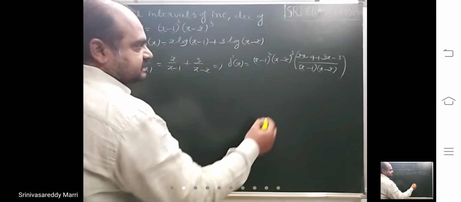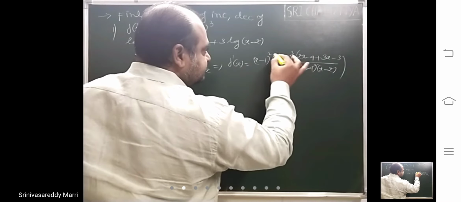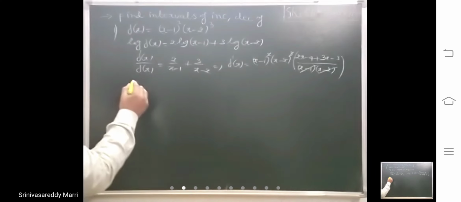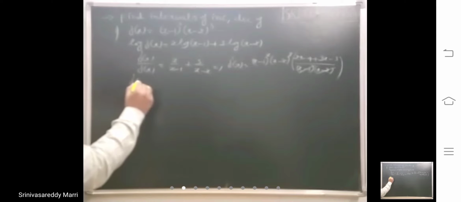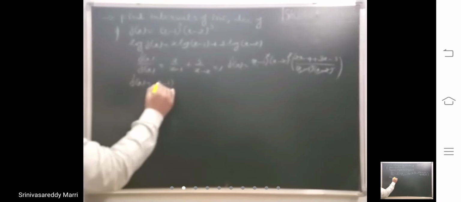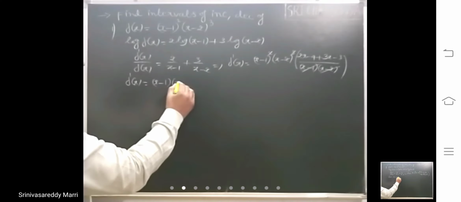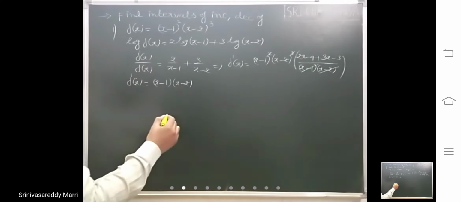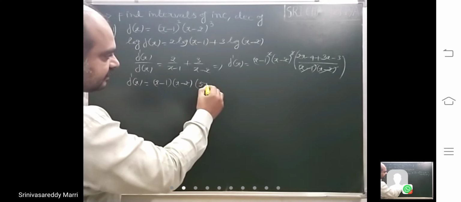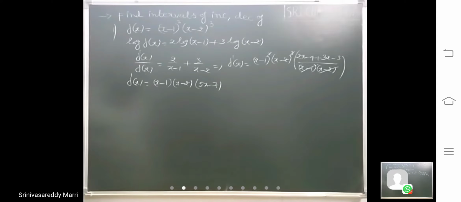So x minus 1 will get cancelled, x minus 2 will get cancelled. Therefore f dash x you will get: x minus 1 into x minus 2 whole square into 5x minus 7.